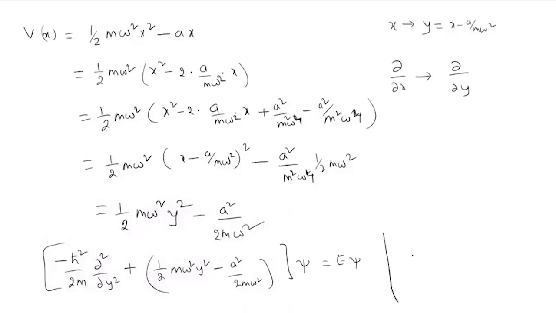If you solve this, you will find that energies En are nothing but shifted by a constant, (n plus half) h cross omega. That's a shift due to this constant. So that's the question. Okay, everyone understand this? Any questions on this part?